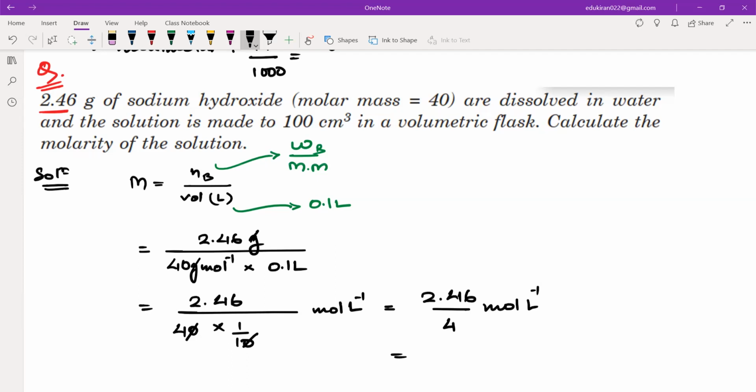So you will get 2.46 divided by 40, which will be a bit higher than 0.5, somewhere around 0.6. Please calculate it now.